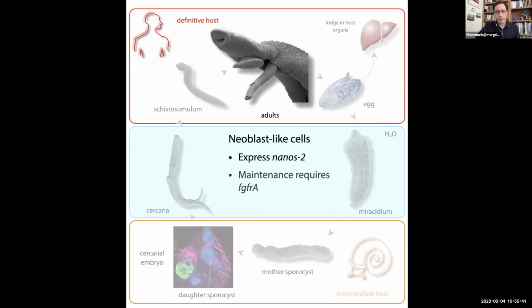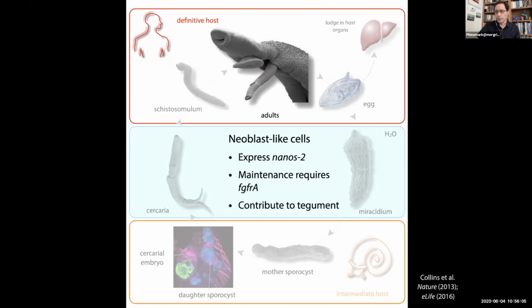And Jim also showed that maintenance of these cells requires an FGF receptor related molecule. Jim then went on to show that one of the major functions of this population in the adult parasite is to maintain this outer tegument. So this is this amazing double lipid bilayer, a syncytium that surrounds the entire parasite.